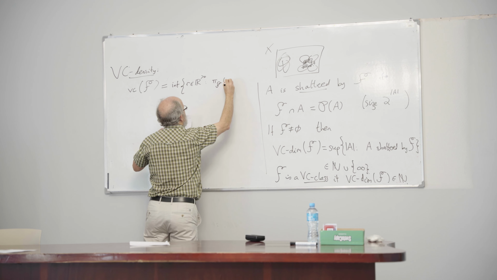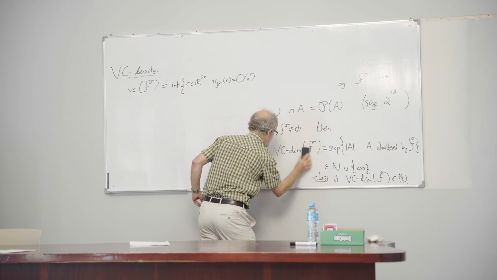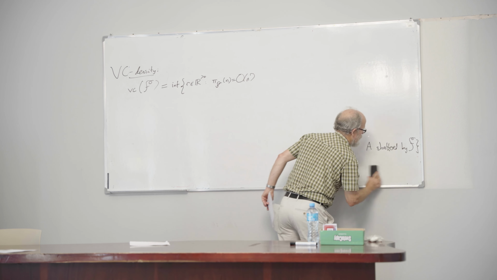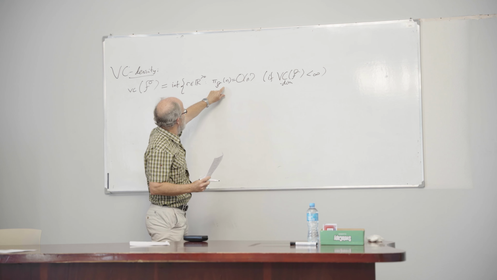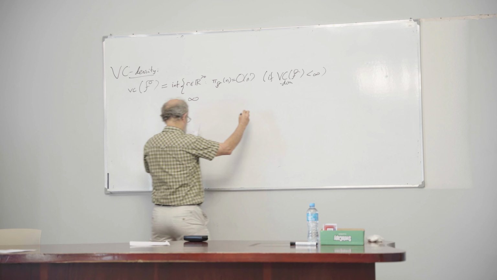That's in the case of finite VC dimension. So if the VC dimension of f is finite, it's the infimum of the r such that this is big O of n to the r, and it's just going to be infinity otherwise.